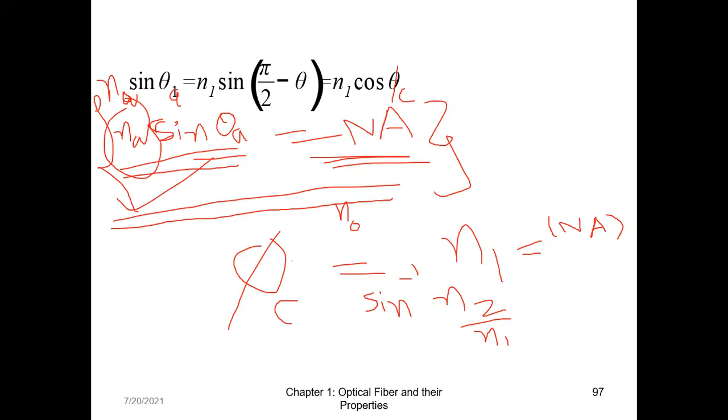Yes, ma'am. How much did you say? Please repeat. 3.59. No. I got 38.39. I see. No. I got 82.98. How much did N1 come? Around 1.602. 1.602 is your N1, and then sine inverse of N2 by N1 should come around 82.83.